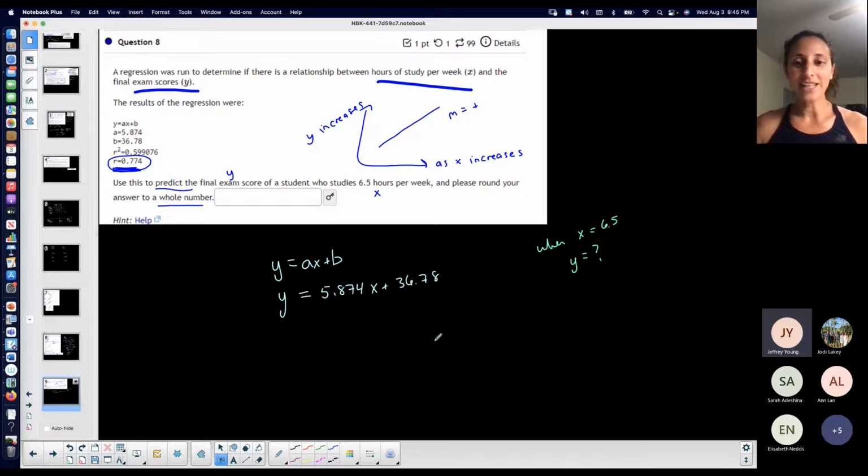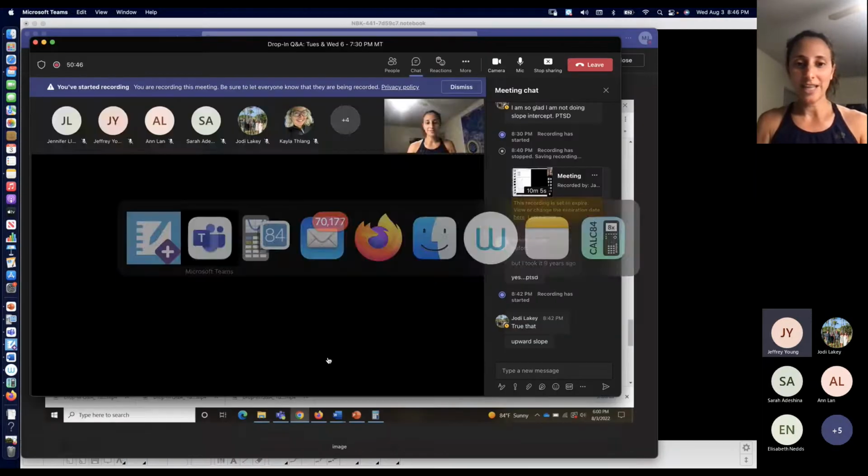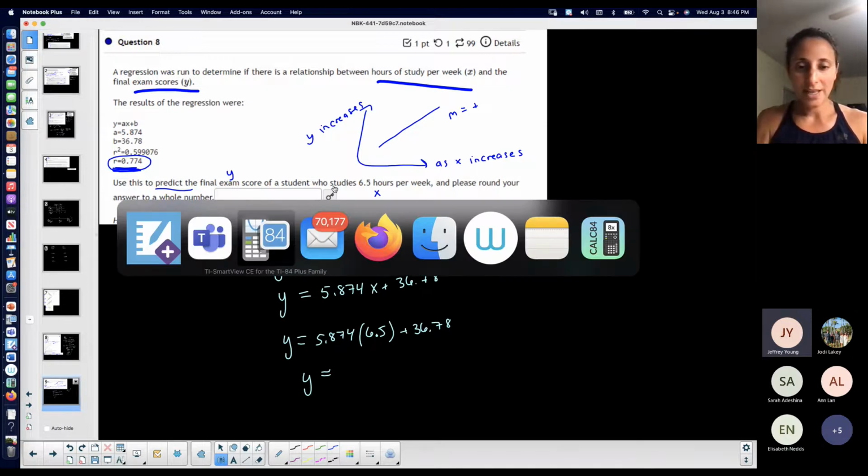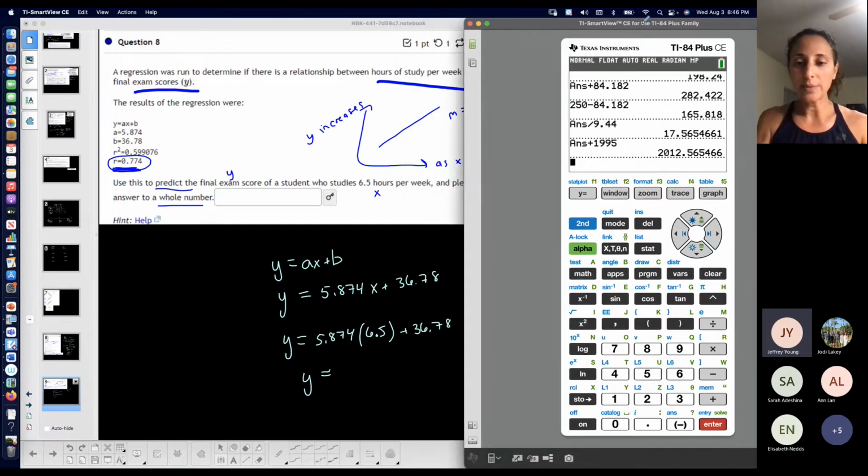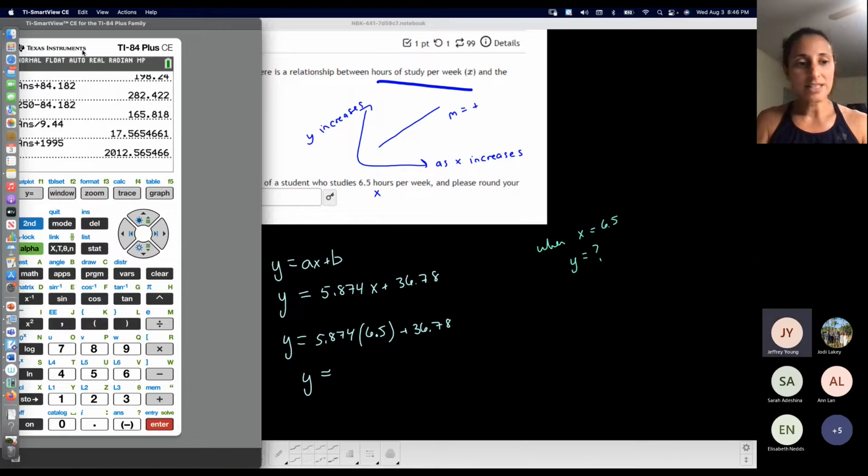So how do I do that? Well, if I know x, I could replace it here and find y. So plug and chug. Anytime you're asked to predict something, just plug it in and then figure out whatever you need. 5.874x, x is 6.5, replace x with 6.5 plus 36.78. Let's predict the approximate score. And this again is an approximation, and it's going to be limited because obviously the score only goes up to 100.